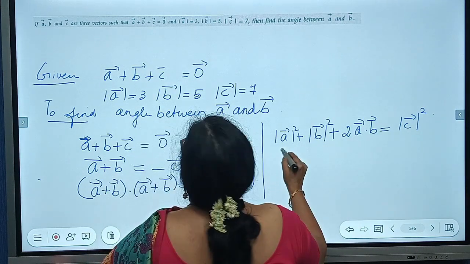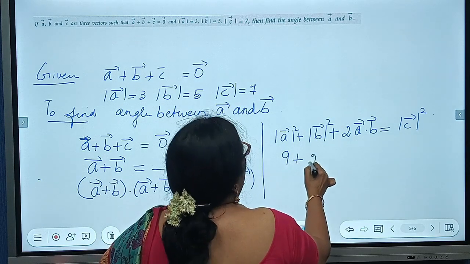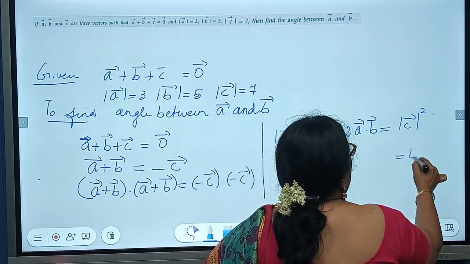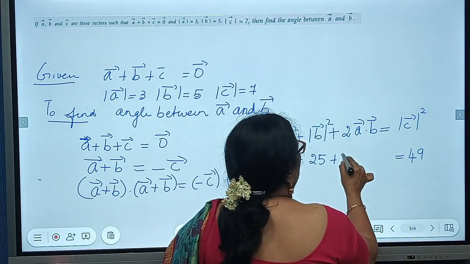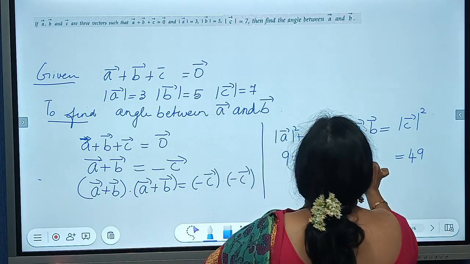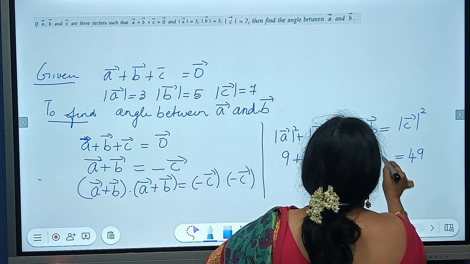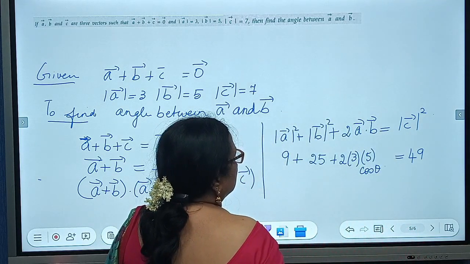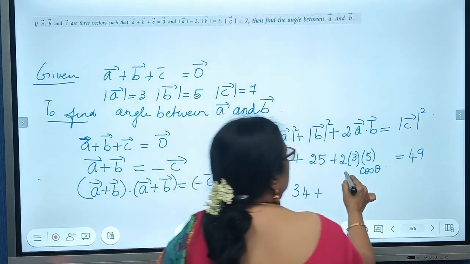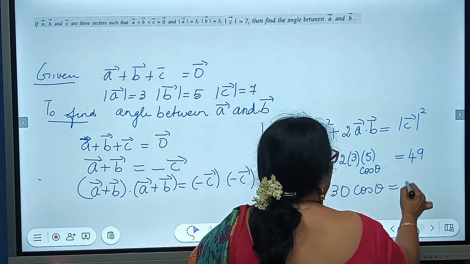Now what is modulus of a the whole square? 9, plus 25, plus 2 into a dot b, which is ab cos theta. A is 3, b is 5, into cos theta. So 9 plus 25 is 34, plus 30 times cos theta, equal to 49.